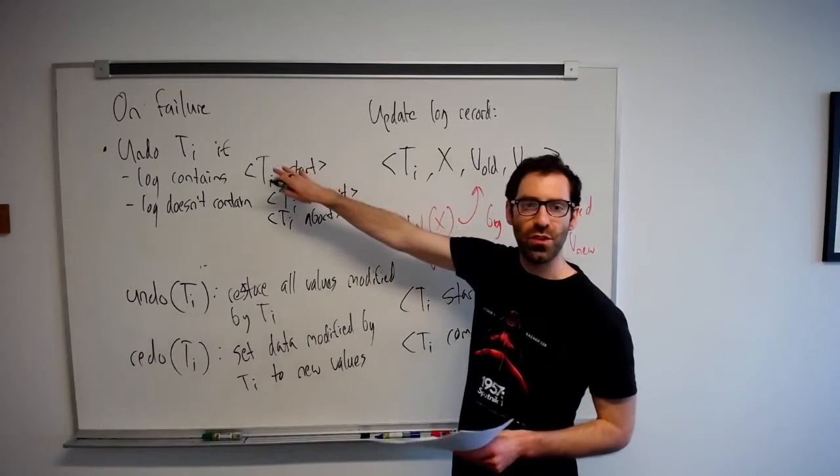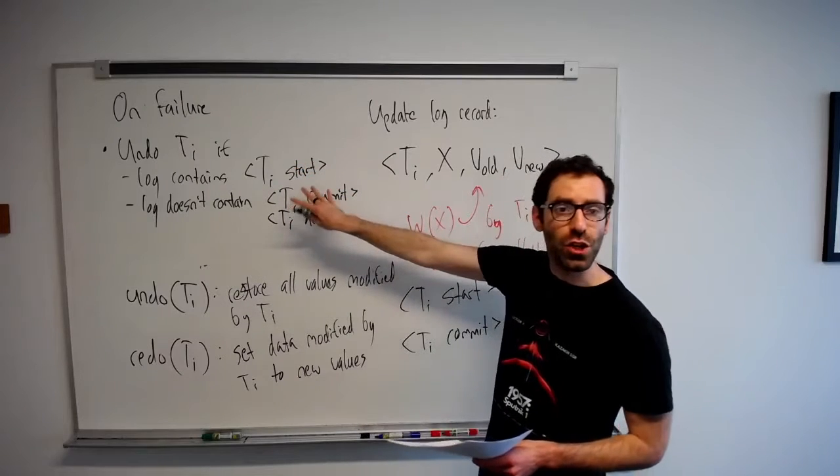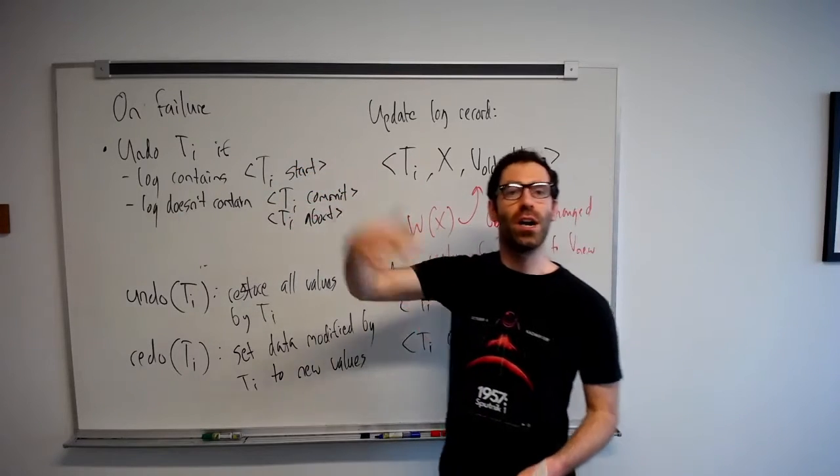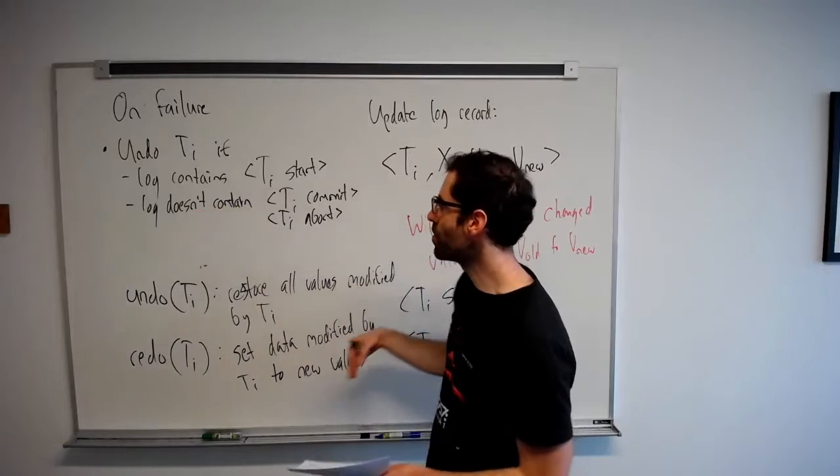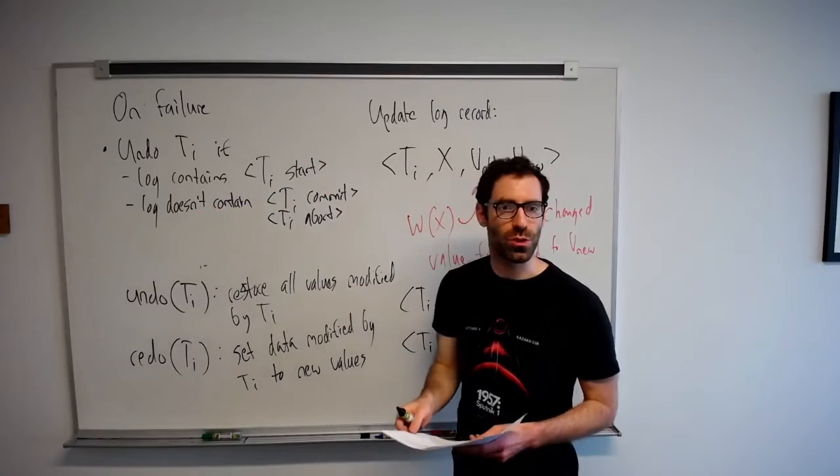So if we see a transaction that started but never finished, either with a commit or abort, we need to undo all its changes and restore the database to a consistent state.